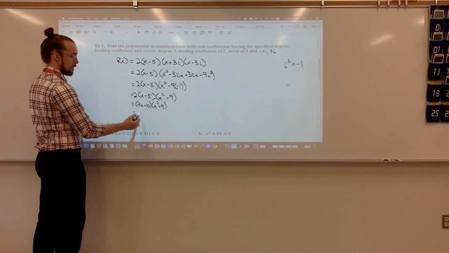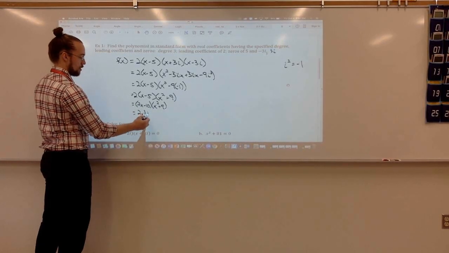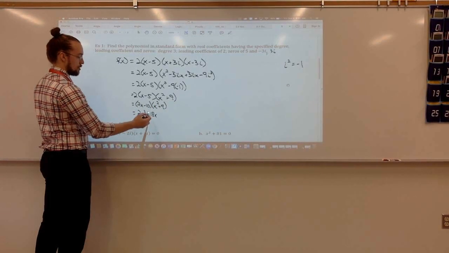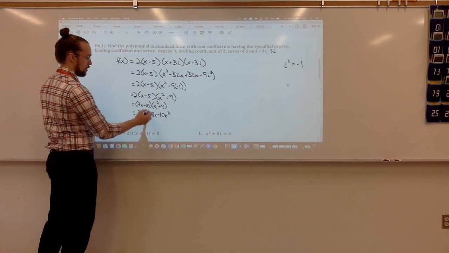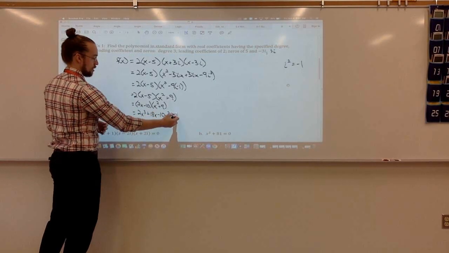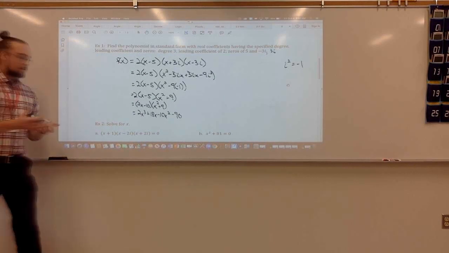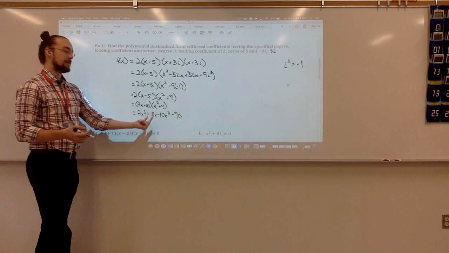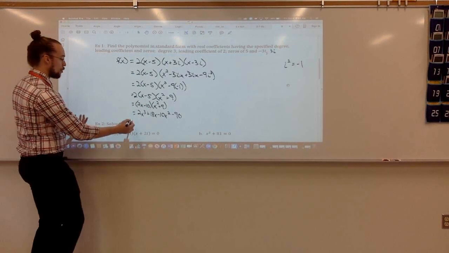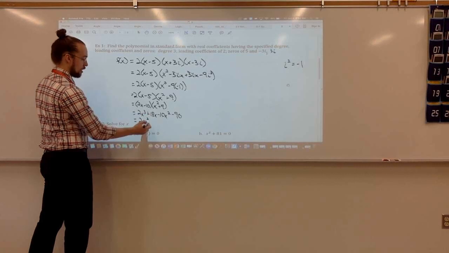So 2x times x squared is 2x cubed, plus 18x, minus 10x squared, minus 90. Then, to actually put it in standard form, we need to make sure the powers are in descending order. So I would just need to flip the 18x and the negative 10x squared.